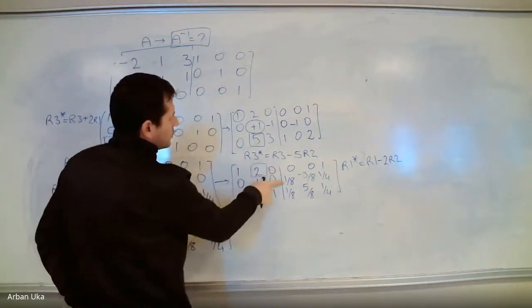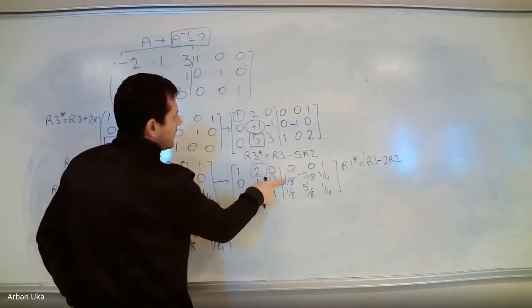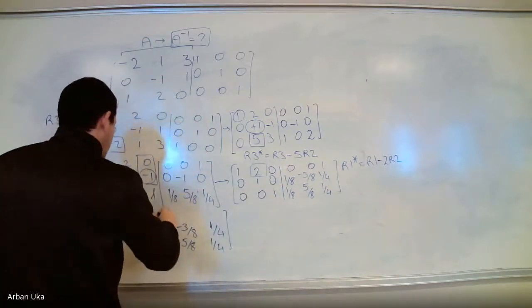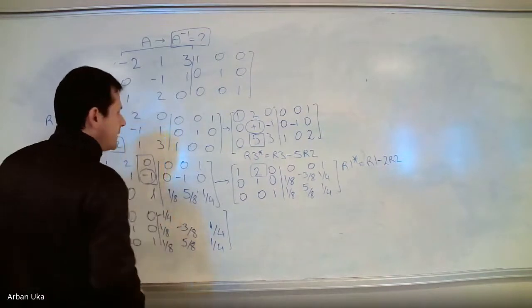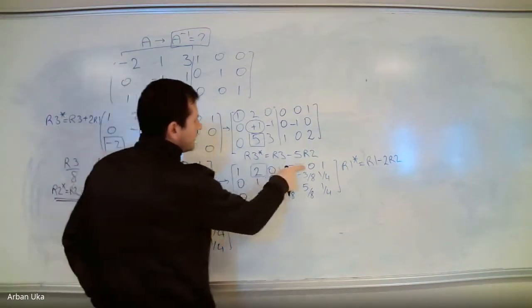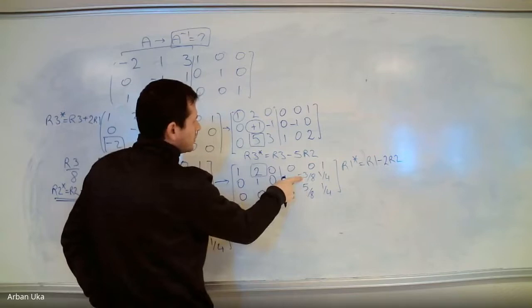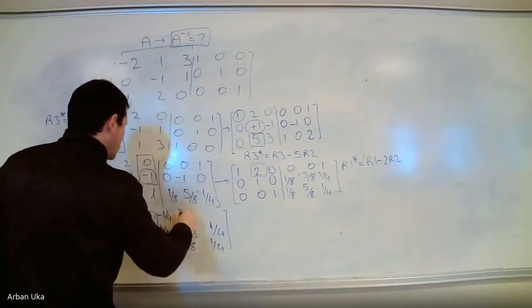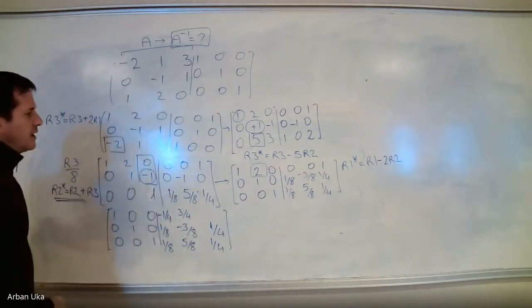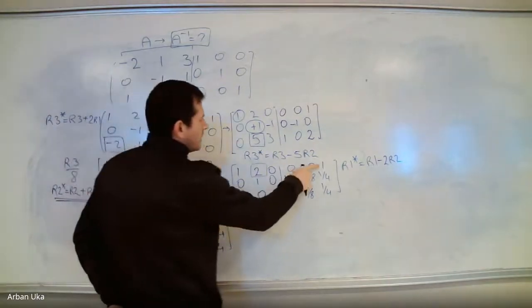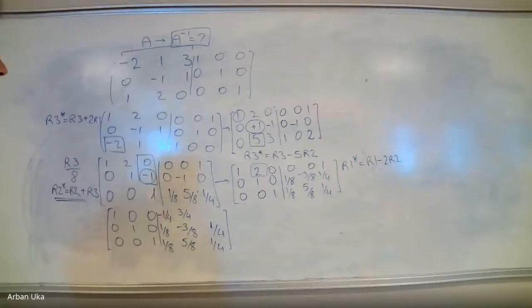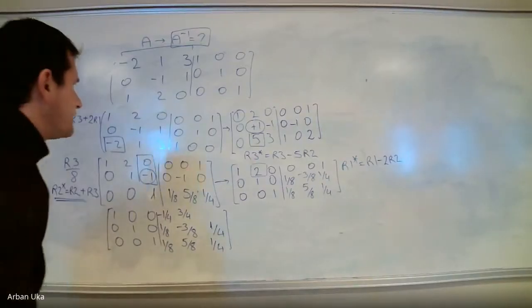And let's see. Row 1 minus 2 row 2. So this is going to be 0 minus 1 over 4. Okay, so this is minus a quarter. Then here we get 0 minus 2 row 2, which becomes plus 3 over 4, right? So this is 3/4, okay? Professor, I think 3 over 8. Here, let's check.